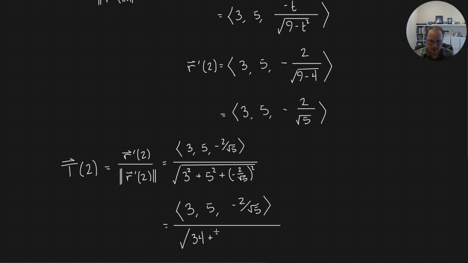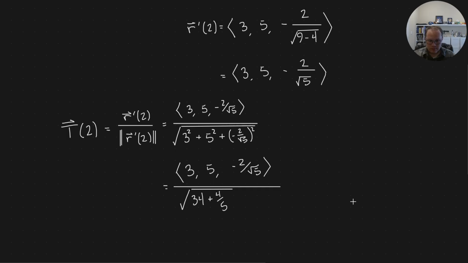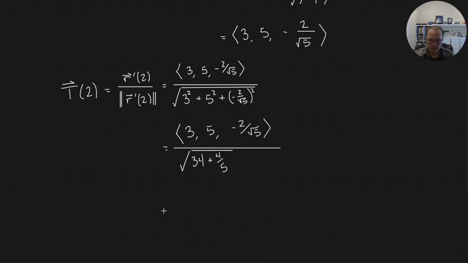So I get plus 4/5. We're going to need a common denominator for this. 34 times 5 is 170, so 34 is 170 over 5. That gets us a common denominator. Now I can add them together.